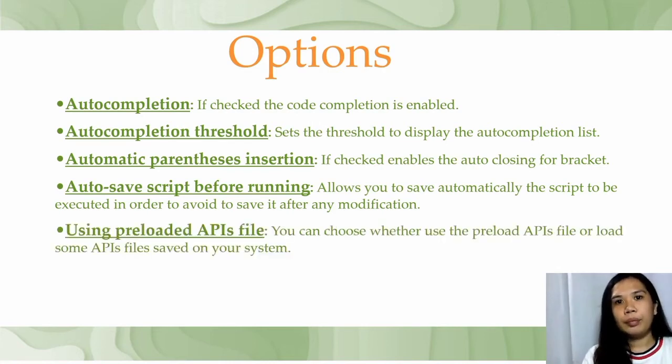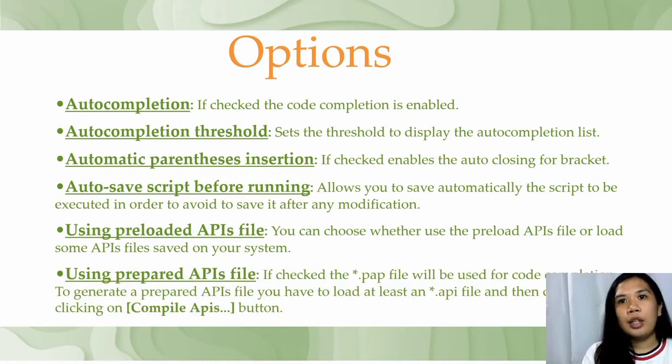Using preloaded APIs file. So you can choose whether to use the preloaded APIs file or load some APIs file saved on your system. Next is using prepared APIs file.